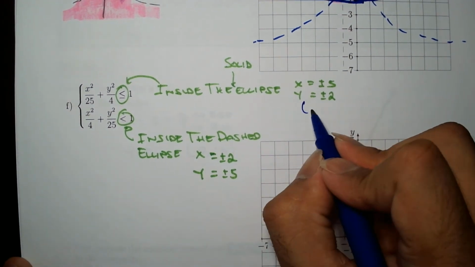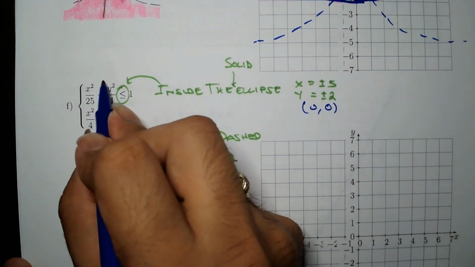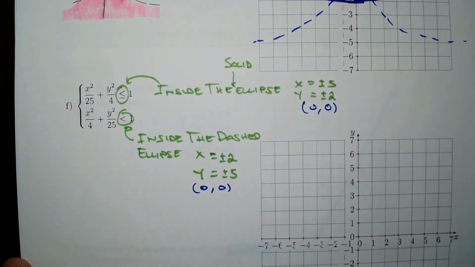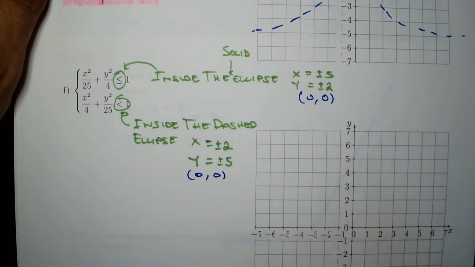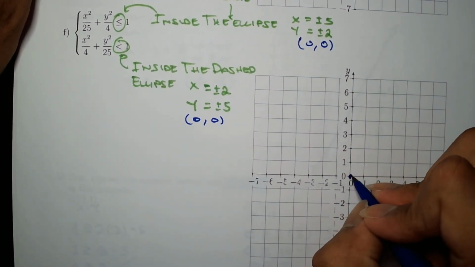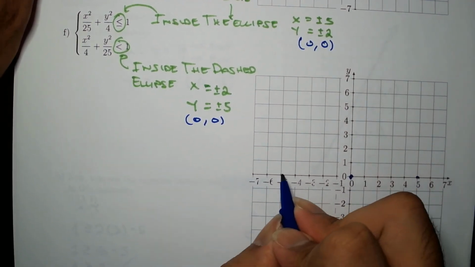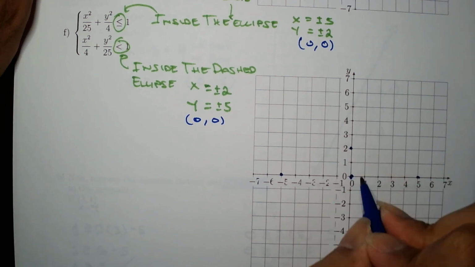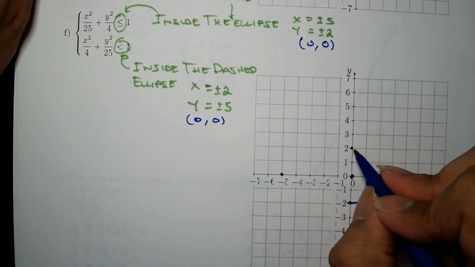Of course, the center is the origin for both. Center at the origin, I mean, because we don't see any shiftings here, so the centers are at the origin. So I'm going to go ahead and draw the first ellipse. The solid ellipse starts at the origin. From here, I'm going to go 5 units to the right, 5 units to the left, 2 units up, 2 units down. I'm going to draw a solid ellipse.